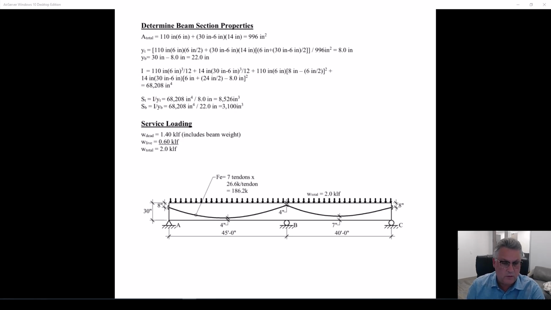Very important to remember that we are working with service stresses. When we are calculating stresses in concrete to meet the allowable stress requirements of the code, we are using service loading. That means it's not the factored loading that you did in reinforced concrete. There is no 1.2 times the dead, no 1.6 times the live.